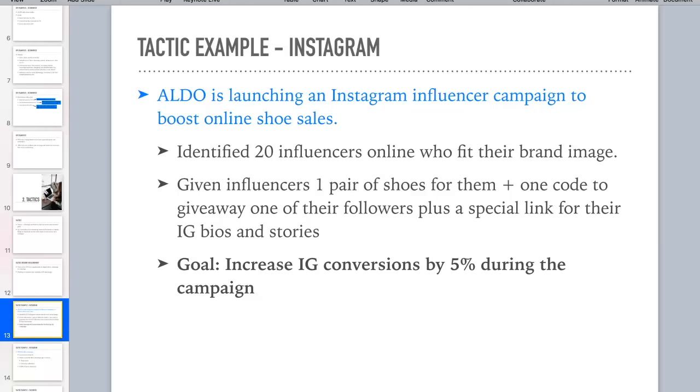The only way that we can truly measure each individual influencer against another is with custom URLs. We're going to get into that in a little bit, but just remember that when you're tracking these metrics, you're trying to make sure that the data is as pure as possible, so that when you're reporting on it, you can be as clear as possible as to who did what in each individual campaign.